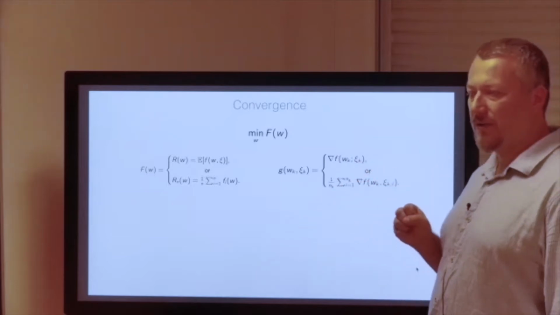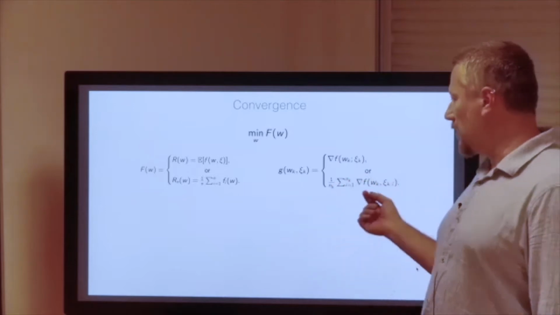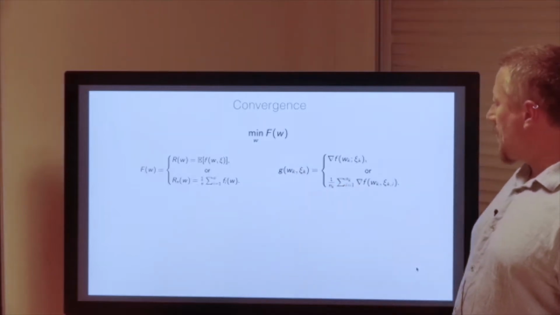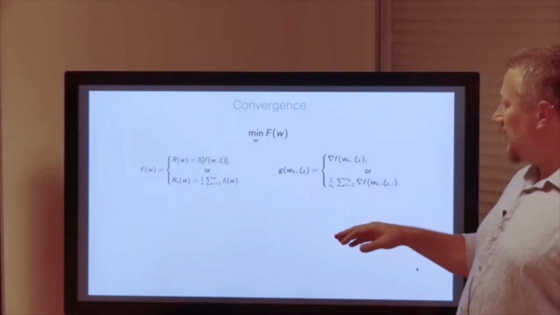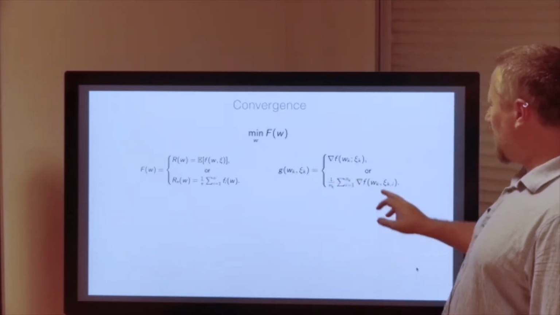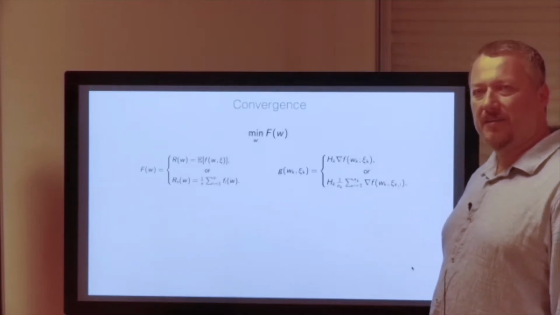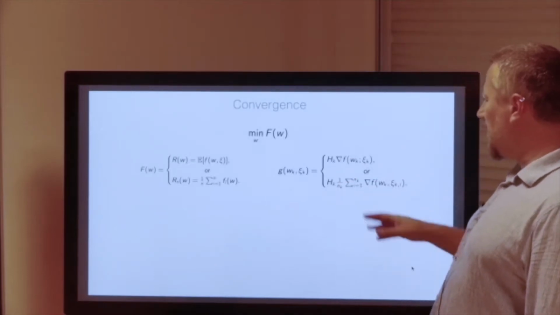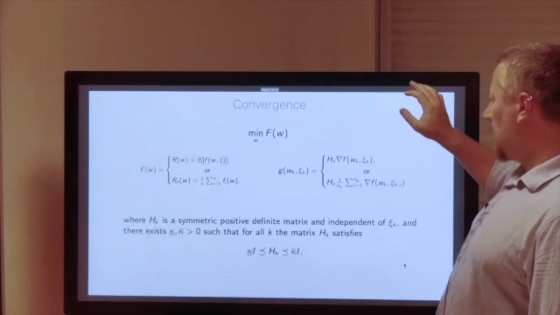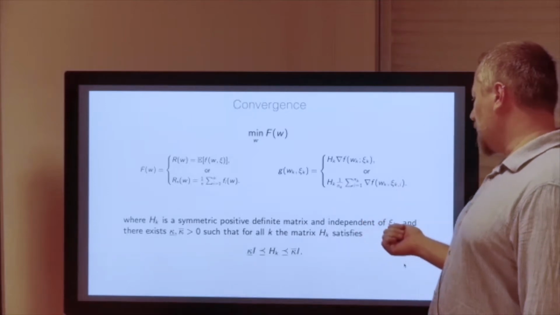It can choose one data point, or it can choose n_k many data points, and then you take the average of the gradients. This is called the mini-batch method. Now in our analysis, we need to change this. We are going to multiply these vectors by this matrix, H_k. The H_k is a positive semi-definite or definite matrix. And let's assume it is independent of k.